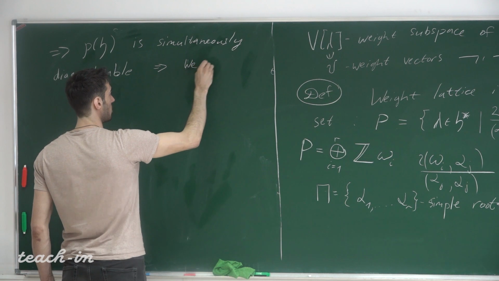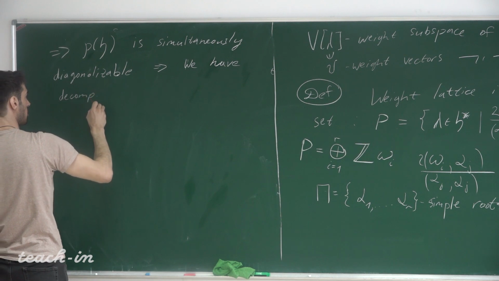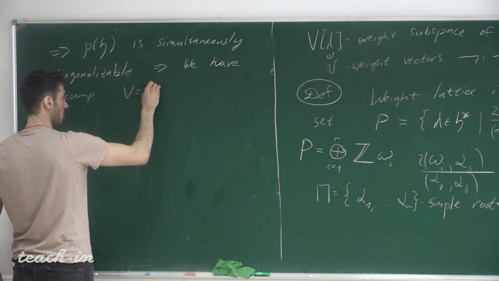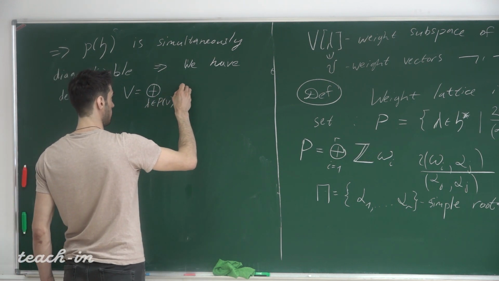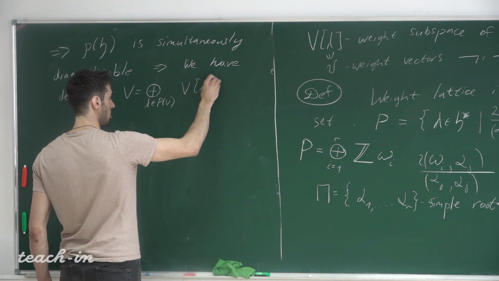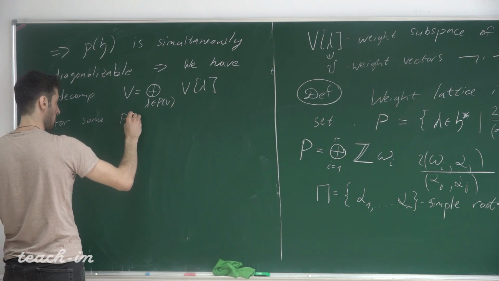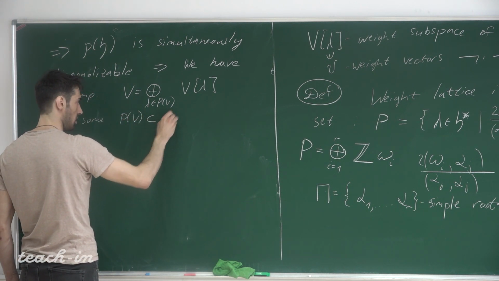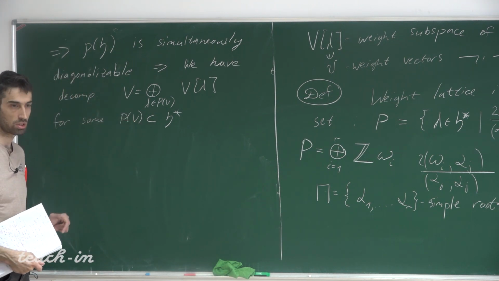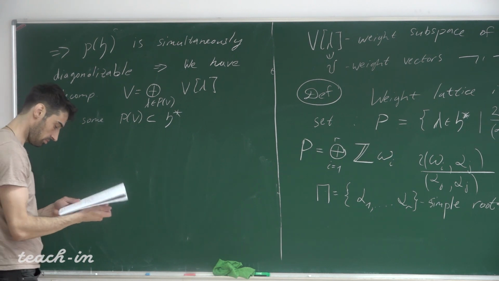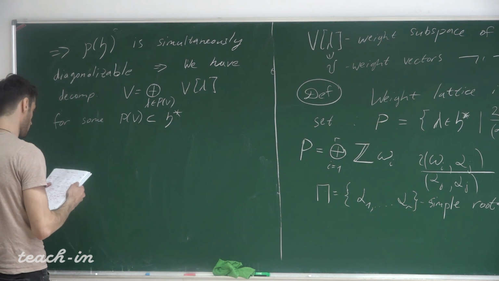We have a decomposition. V is the sum over lambda in P of V, of V of lambda, for some P of V in H star, right? So now we need to prove that P of V actually belongs to the weight lattice.